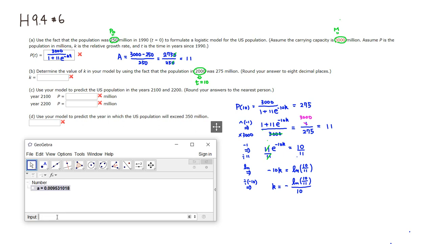We get 0.0095310, so I'm going to put in 0.0095 first.